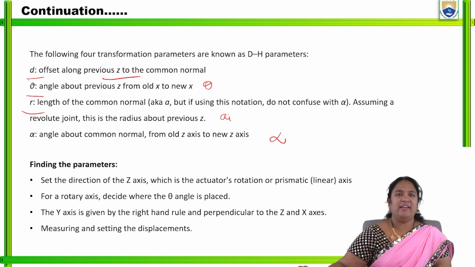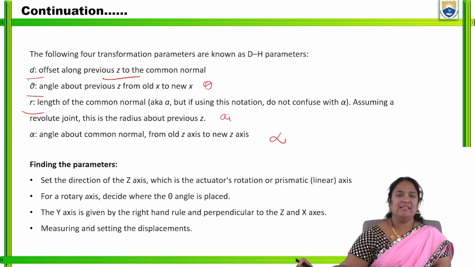So how do we find these parameters? What are the constraints to find these particular parameters? Initially we need to set the z-axis direction, whether it is in the form of a prismatic axis or in the form of a rotational axis, right?